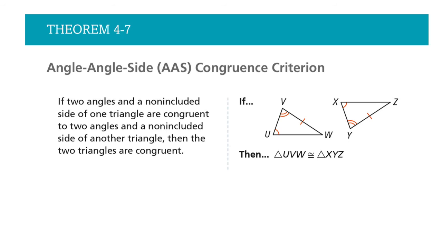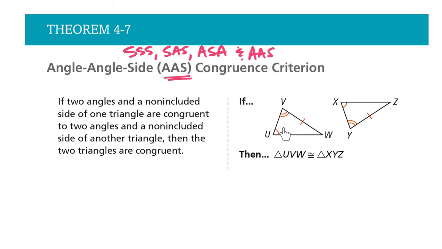If you recall, we already had side side side, side angle side, angle side angle, and now we also have angle angle side as ways of proving that two triangles are congruent. And so the official wording of angle angle side says that if two angles and a non-included side of one triangle are congruent to two angles and a non-included side of another triangle, then the two triangles are congruent.